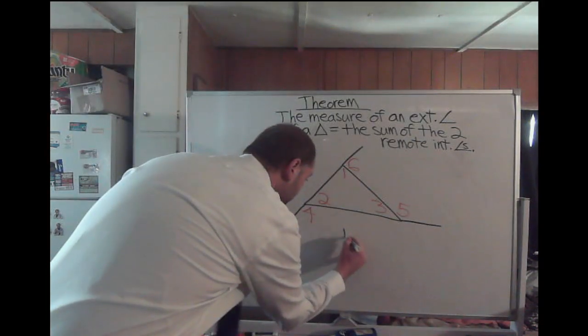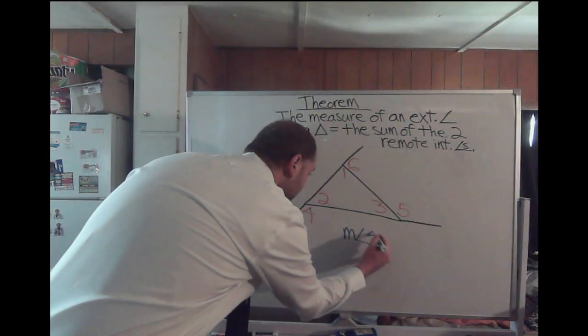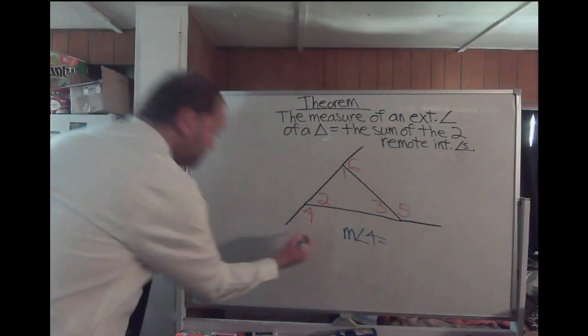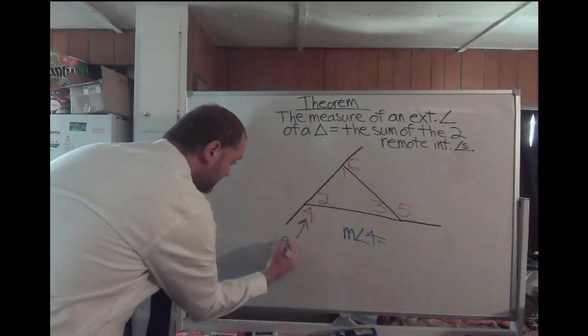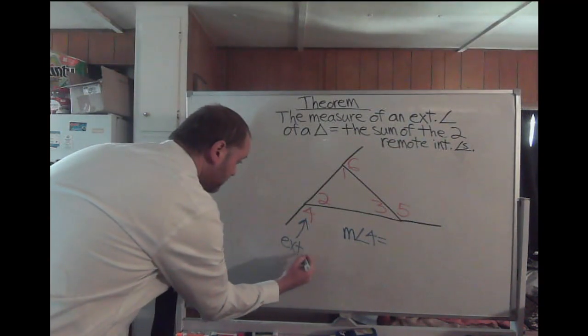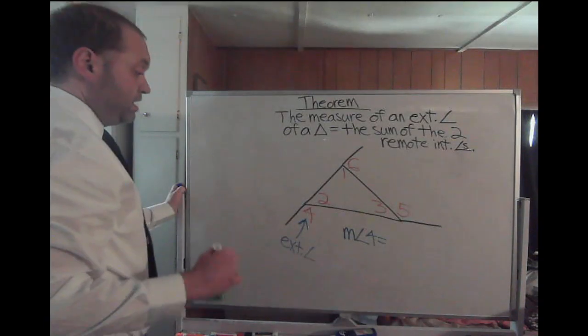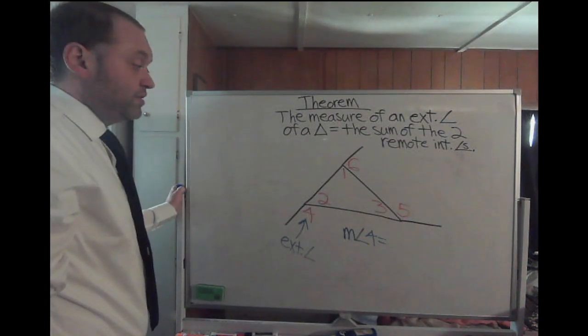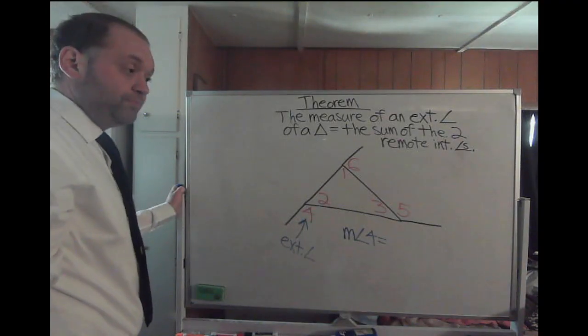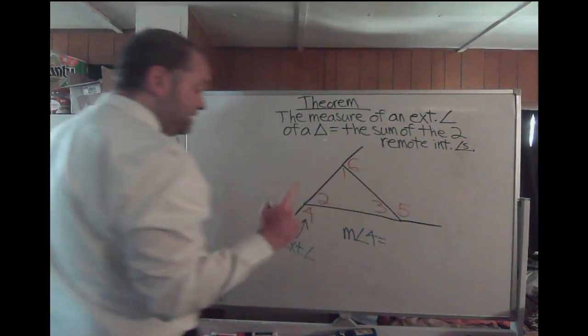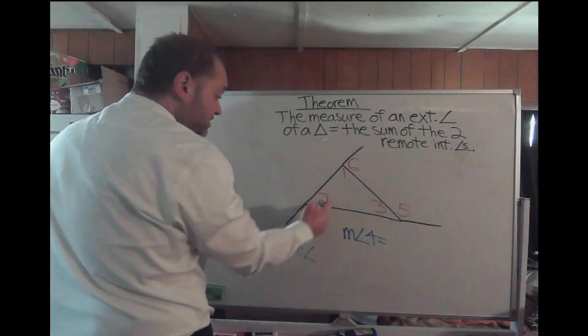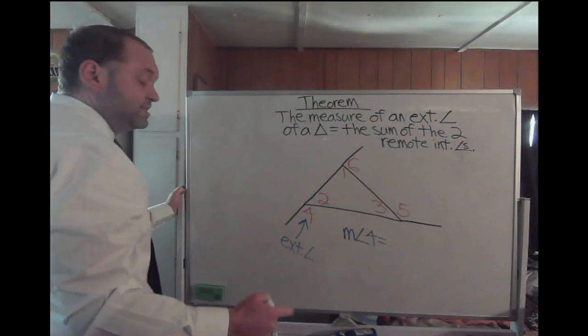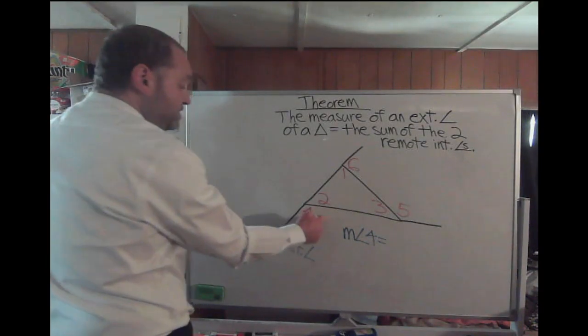So the measure of angle 4 in this case, which by the way is an example of an exterior angle, is going to be equal to the sum of the two remote interior angles. Well, remote interior means it can't be touching the angle you're trying to find. So we can't take angle 2.